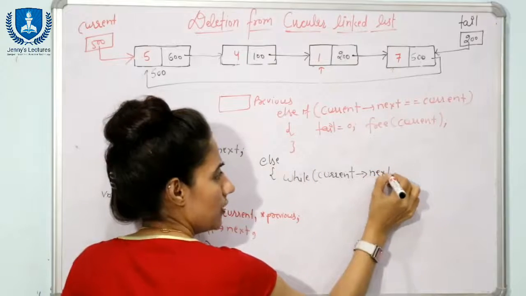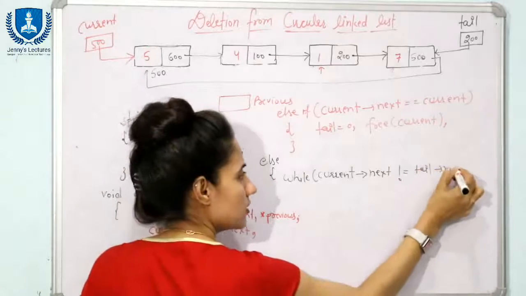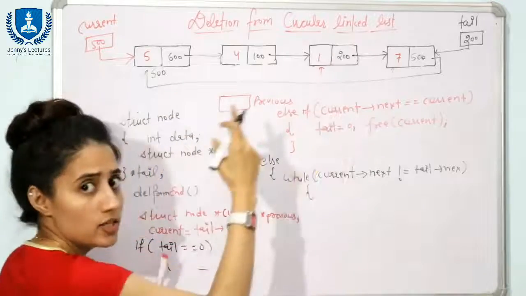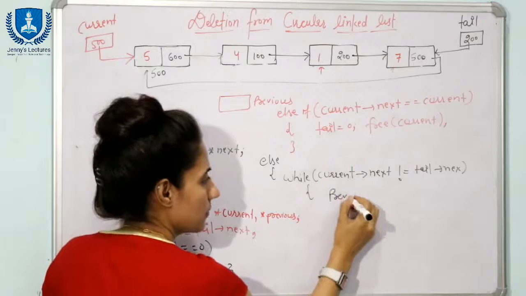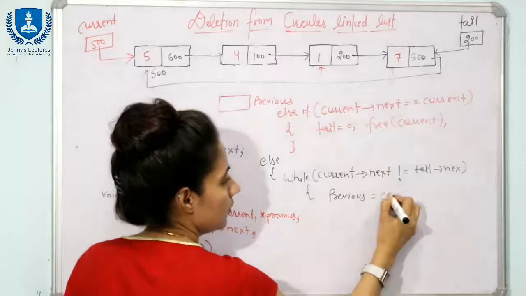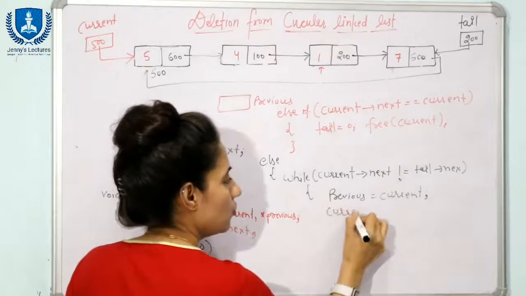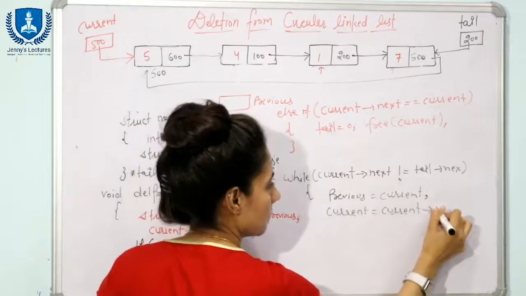While current of next is not equal to tail of next, till then we are going to move this current. But before moving this current, first of all we will set a previous pointer, because we need a pointer to the previous node also. Previous is equal to current, right? After that we will move current is equal to current next.